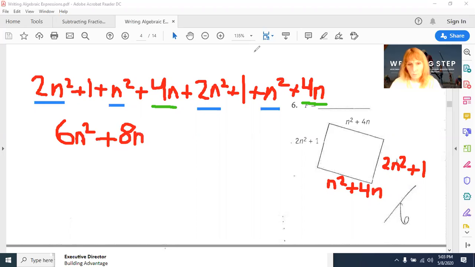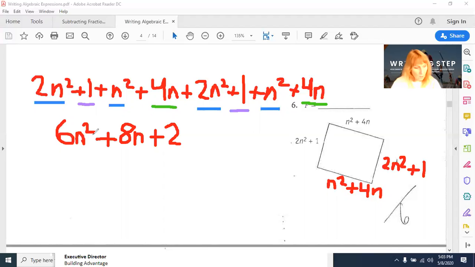And now we're going to combine our constants. So that would be our 1 and our 1. So 1 plus 1 is, you guessed it, 2. So we have simplified the perimeter to be 6n squared plus 8n plus 2.